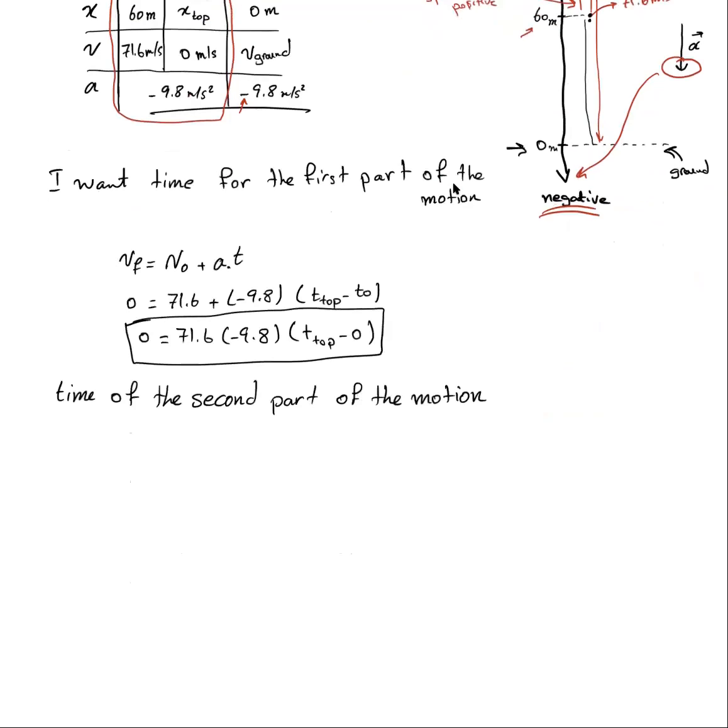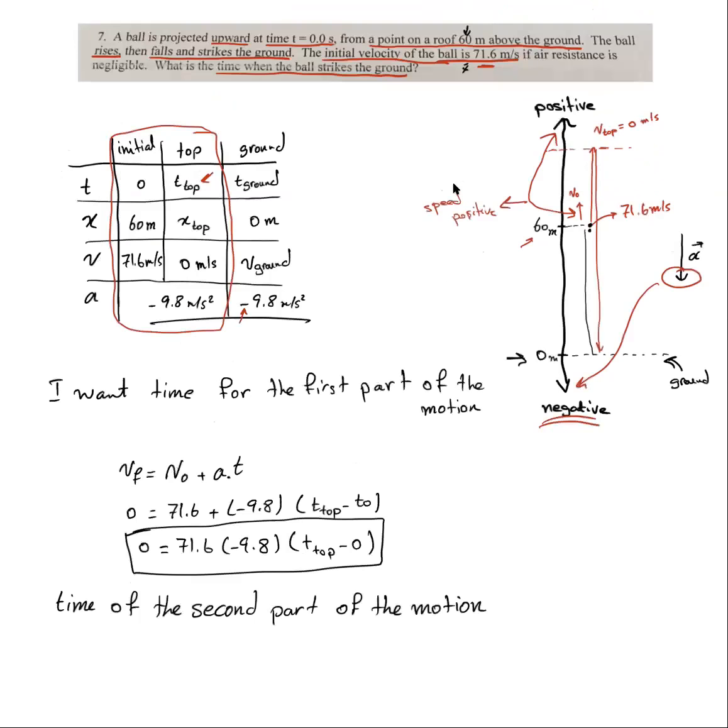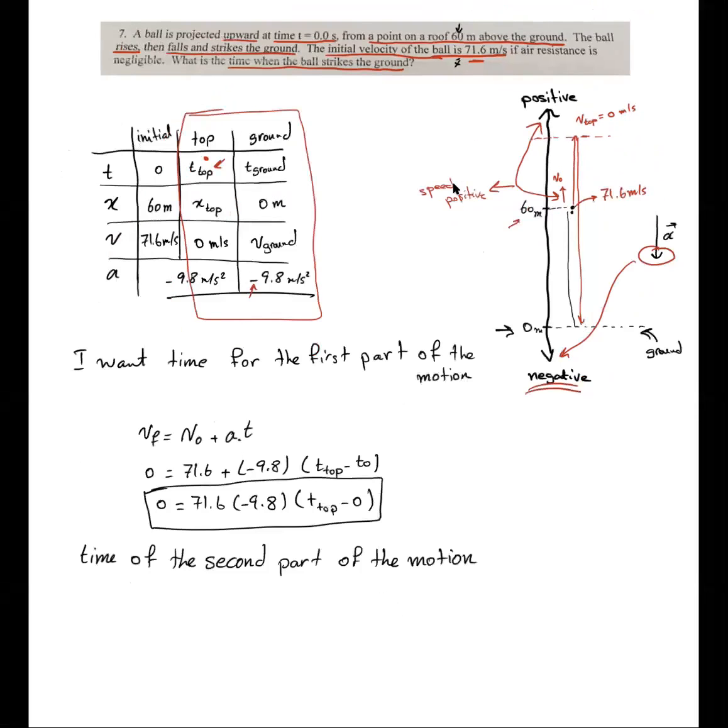In the second part of the motion, we'll do a similar analysis where we can analyze the knowns that we have for this part of the problem. Keep in mind that when we do that, we'll have the time right here. So that's a piece of information that is useful. So let's look at the knowns first.